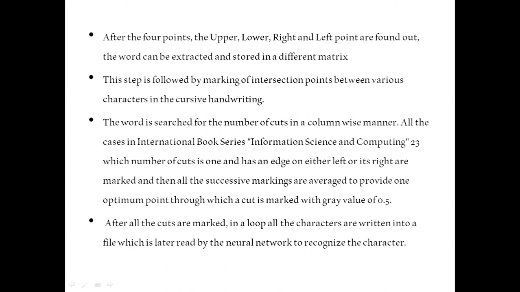In all the cases in which the number of cuts is 1 and there is an edge on either its left or its right, they are marked, and then all the successive markings are averaged to provide one optimum point through which a cut is marked with a grey value of 0.5. After all the cuts are marked in a loop, all the characters are written into a file, which is later read by the neural network to recognize the character.